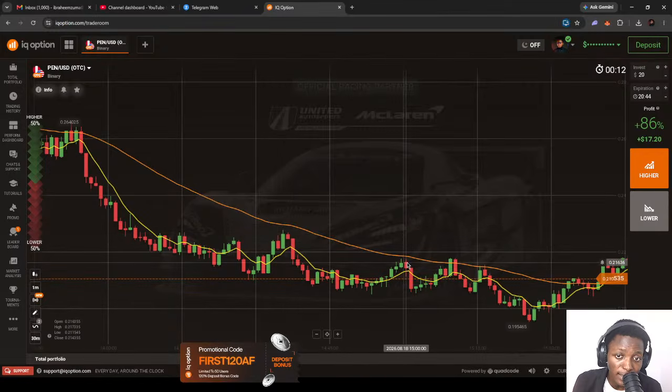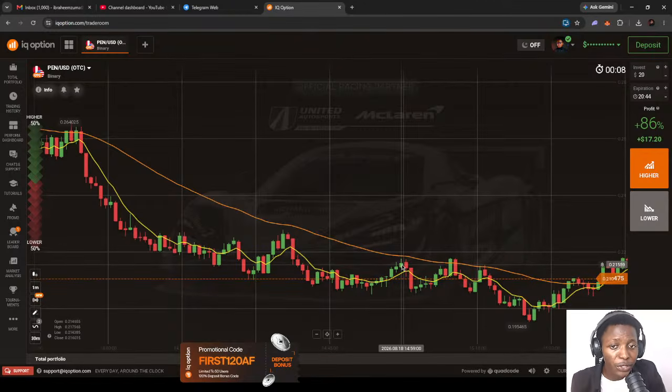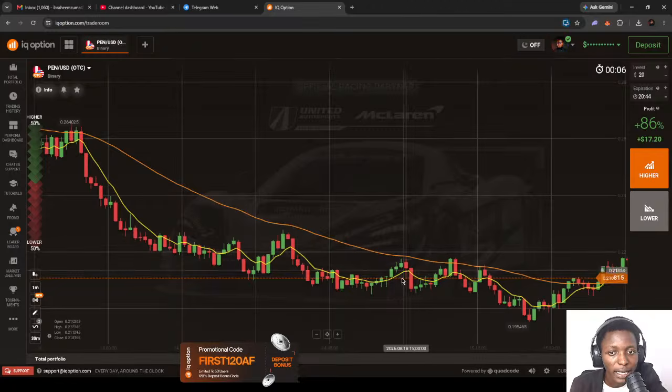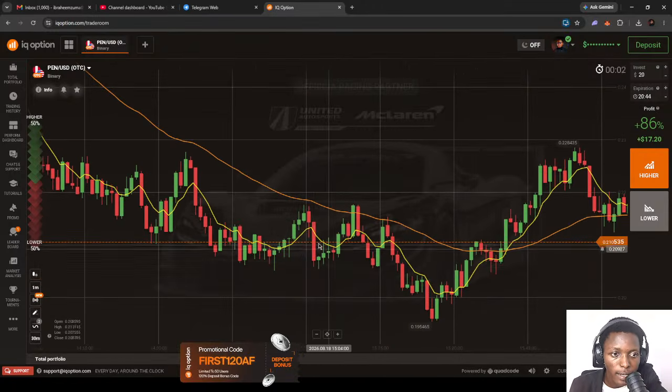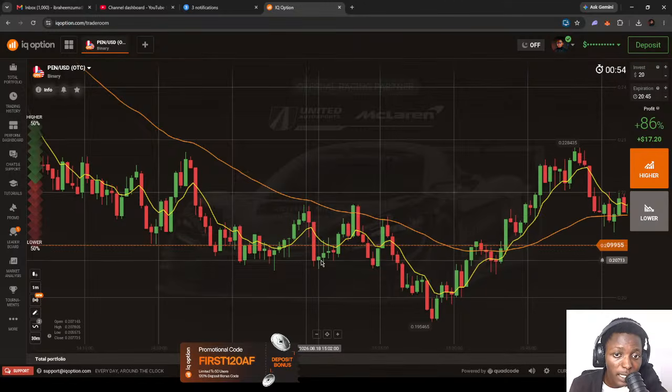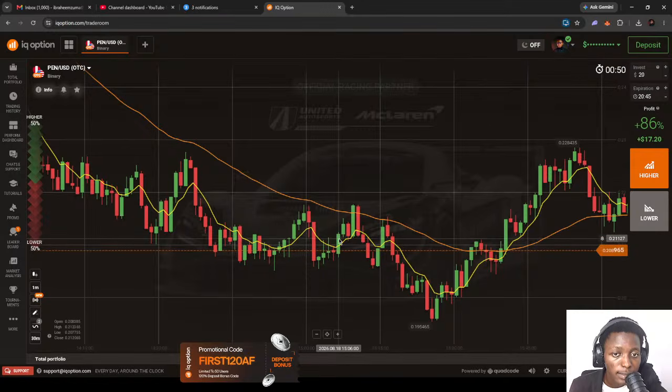And around here you can see the price tries to come back to the moving average 50, and it got rejected again, and then it comes down. You know that we have a 1 minute expiration time, so this represents 1 minute. So this is 1 minute, 2 minutes, 3 minutes, 4 minutes, 5 minutes, and here's 6 minutes, and then 7 minutes.